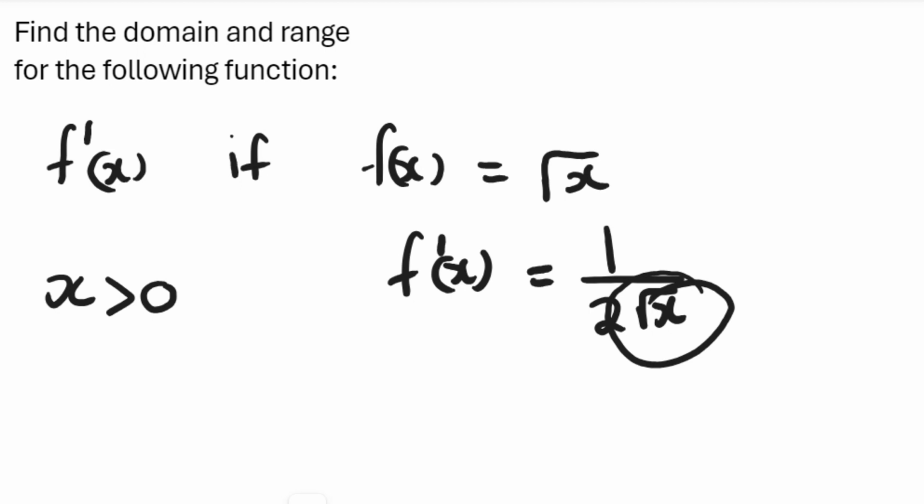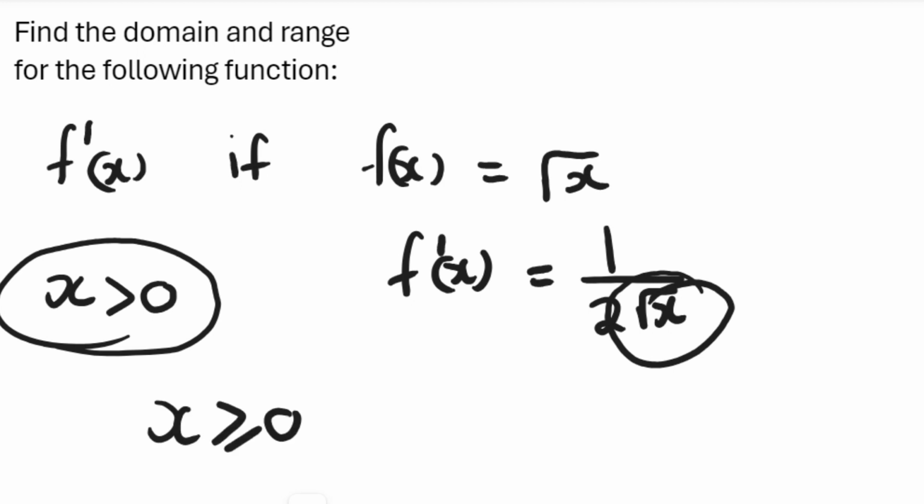That f prime of x is going to be undefined. And therefore, we cannot include equal to 0 for that function. The domain for this question is x must always be greater than 0.